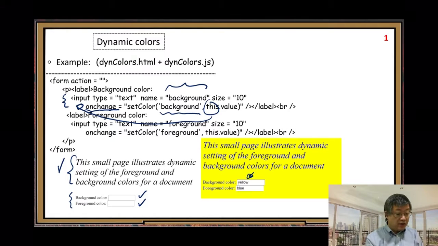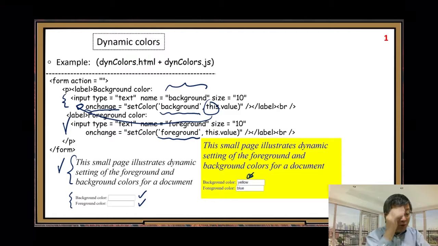That's the first input field. Similarly, the second input field is pretty much the same, but you only change the first parameter to foreground. So you need to set a different part of the element to a different color.